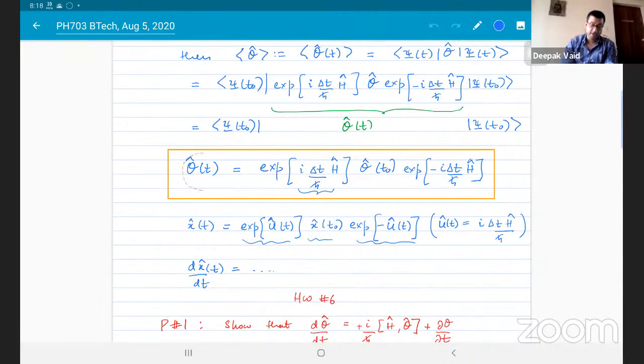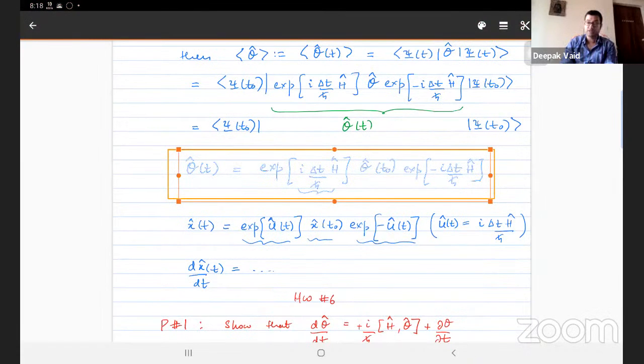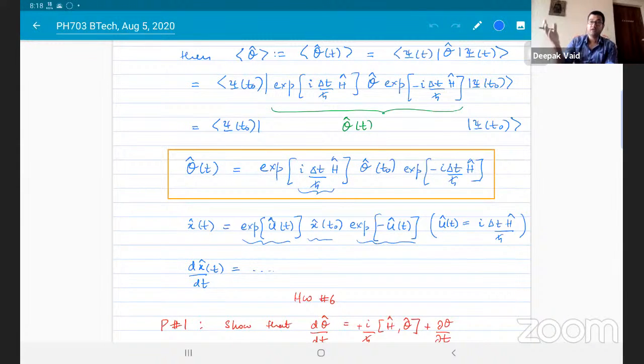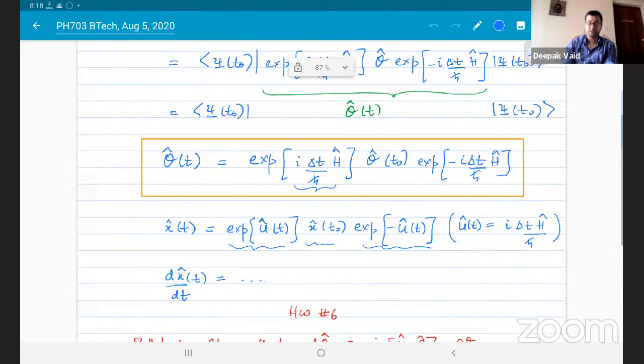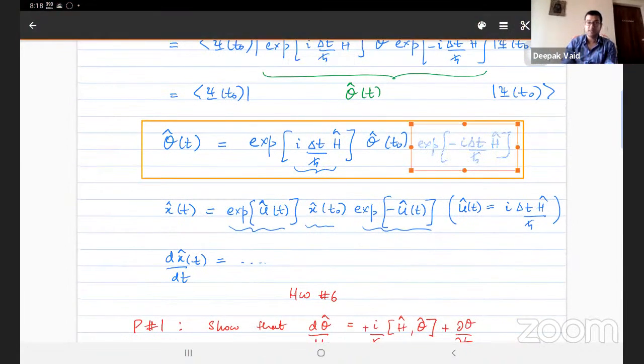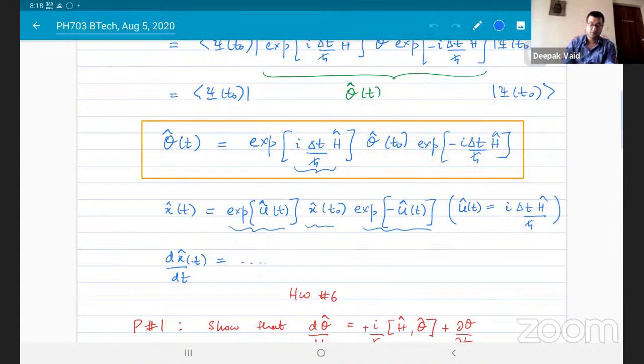If you look at this equation, this is the fundamental equation which gives you the relationship between an operator at an earlier time and an operator at a later time in terms of this guy. What is this exponential? This is what they call the time evolution operator.